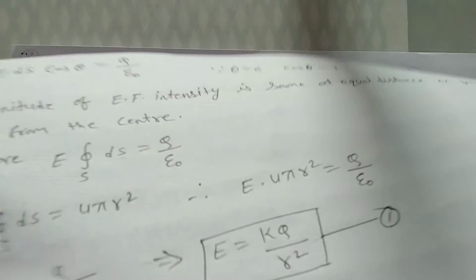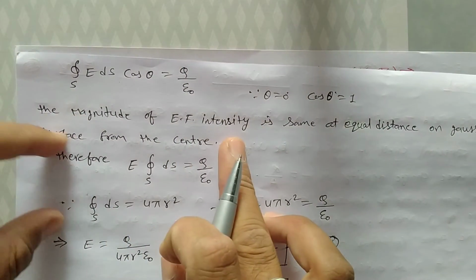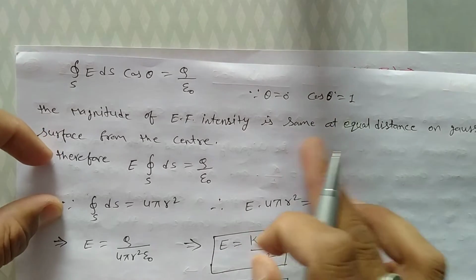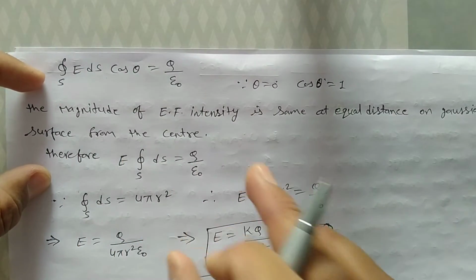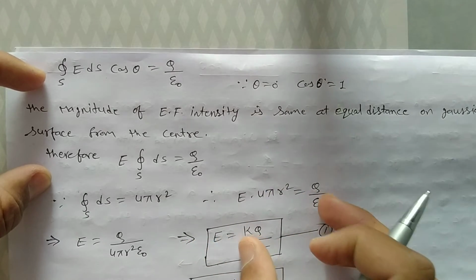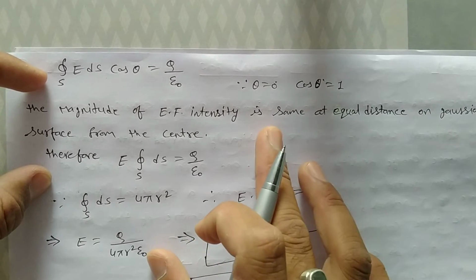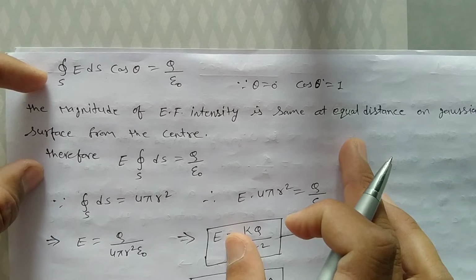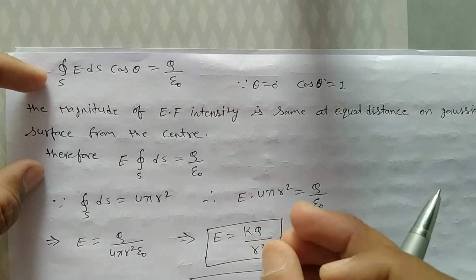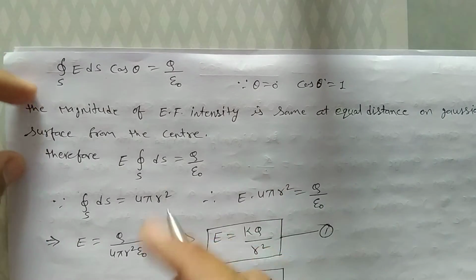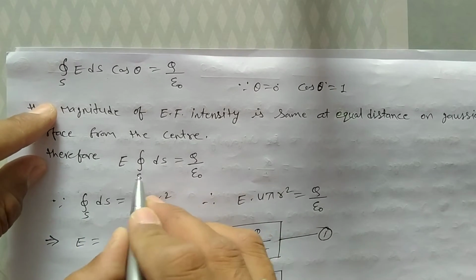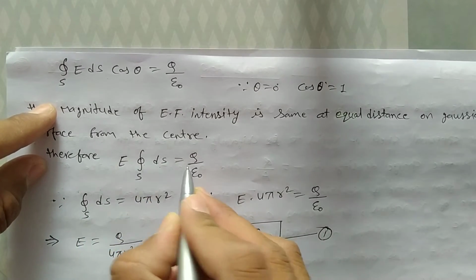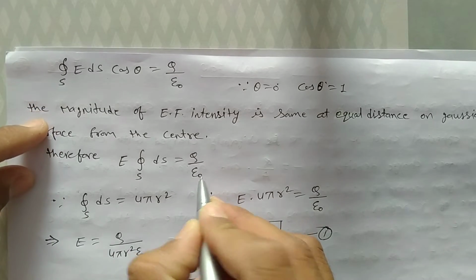Then we can say that the magnitude of electric field intensity is the same at equal distance on the Gaussian surface, because electric field intensity depends upon the distance between the observation point and the charge. Therefore, E is constant, then E times the closed surface integral of ds is equal to Q upon epsilon naught.